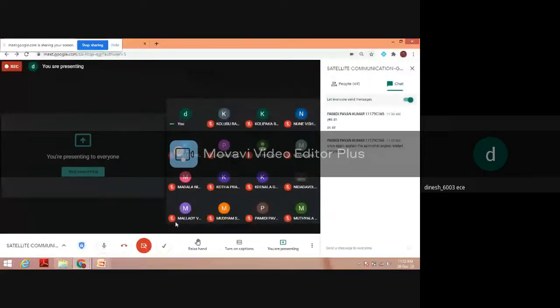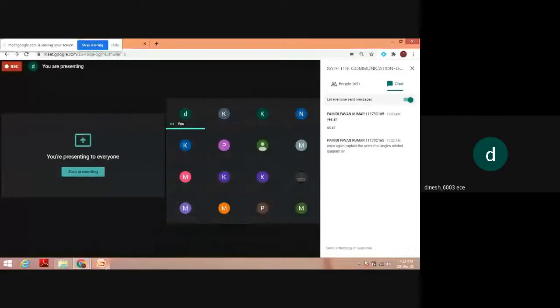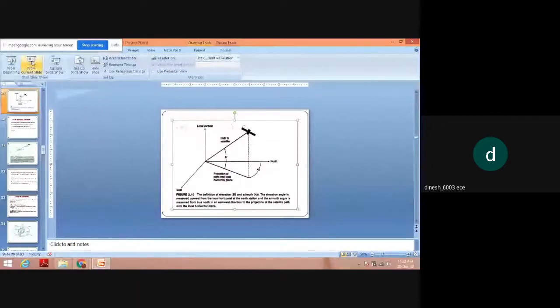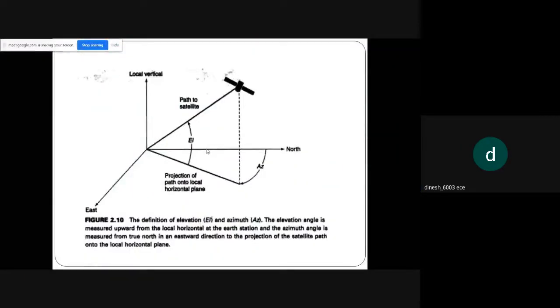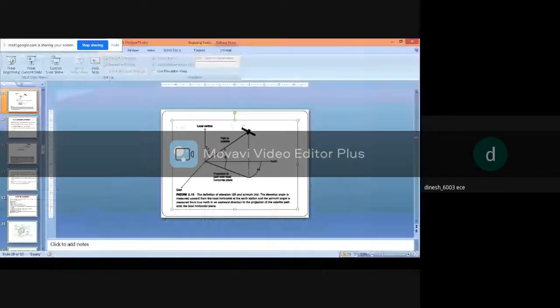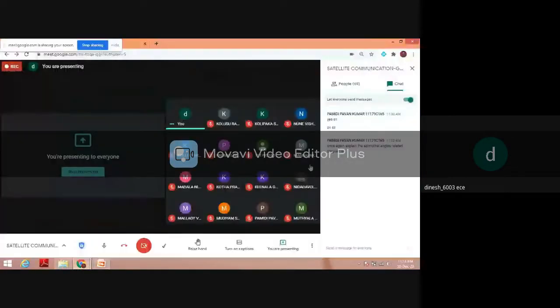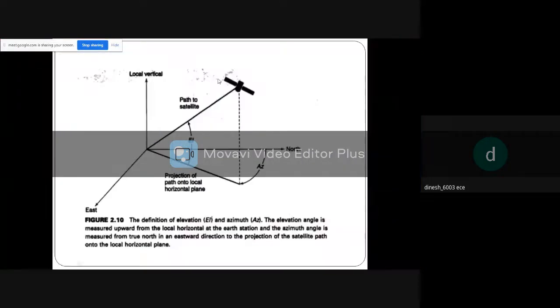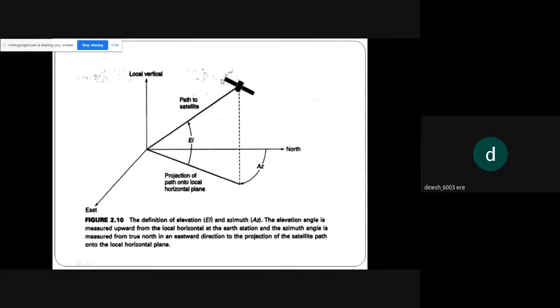Yes, once again, the azimuth angle. We have two bodies: one is the Earth body, another is a satellite body.